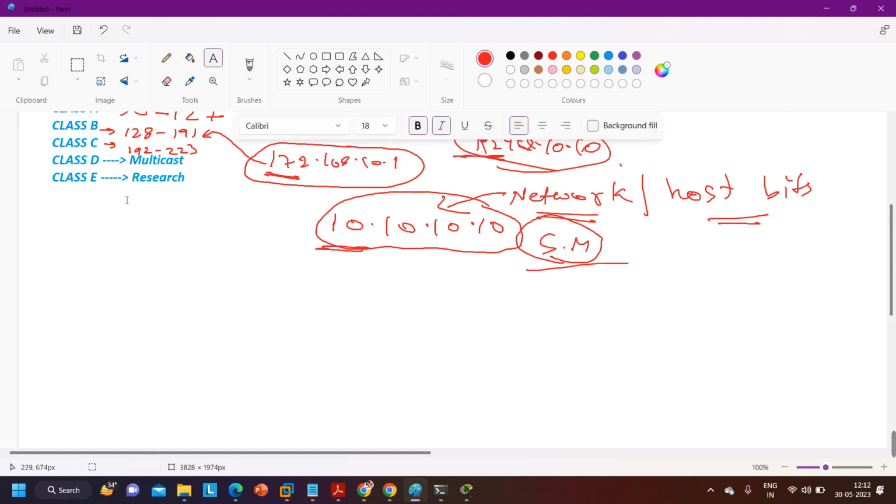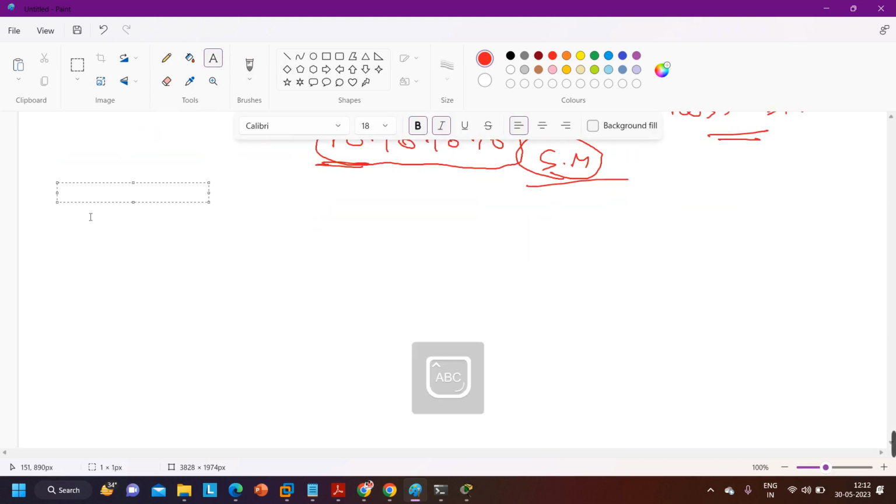If I talk about the subnet mask of class A, can anyone tell me what the subnet mask of class A is?